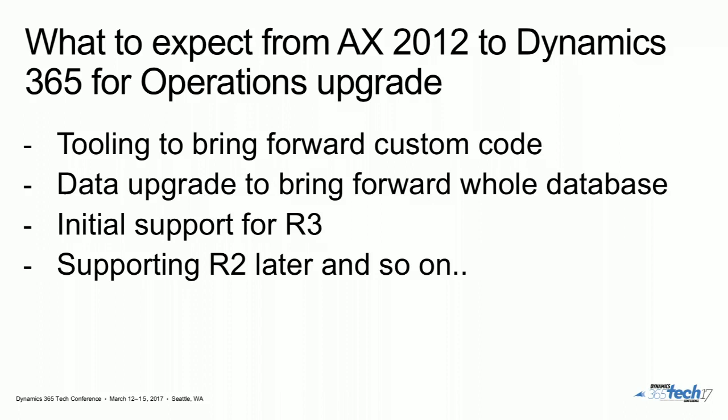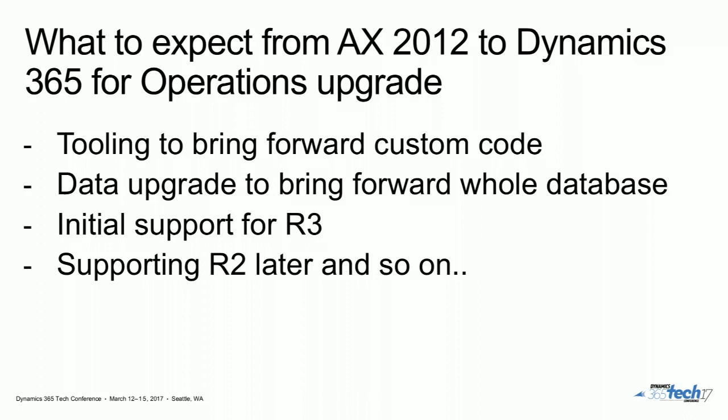We don't have a model store database. We're keeping source code in XML files. Visual Studio is the thing that reads them. So we have a way for you to take your AX 2012 code base and convert it into Dynamics 365 for operations format, and to help you along the way with reworking your code where it needs to be reworked.